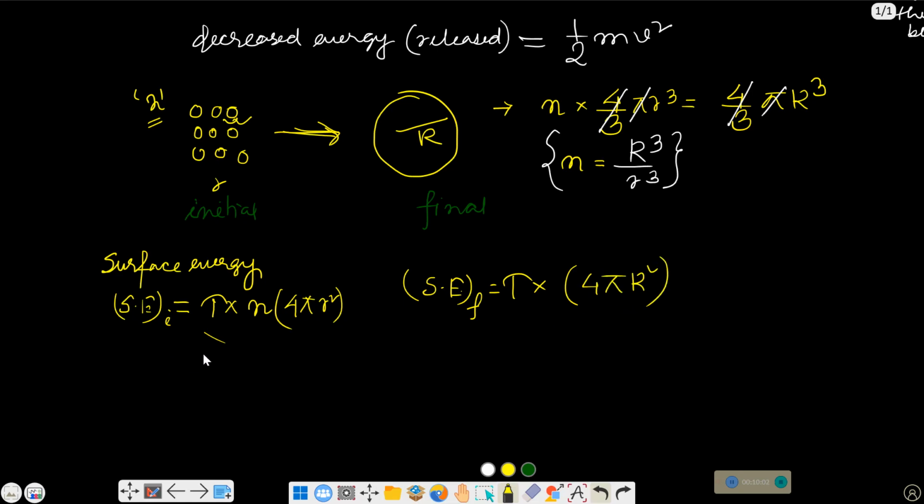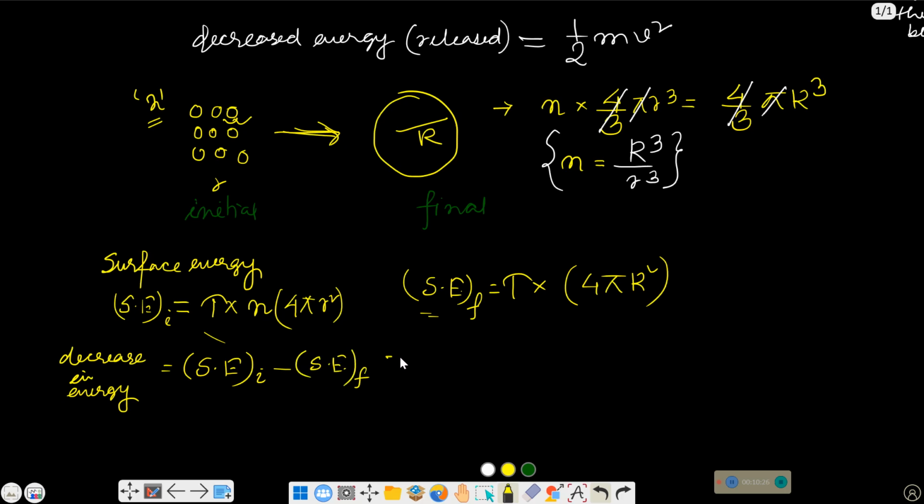Now if we subtract the final energy from the initial energy, we will get the decrease in energy. That is, decrease in energy is equal to surface energy initial minus surface energy final.